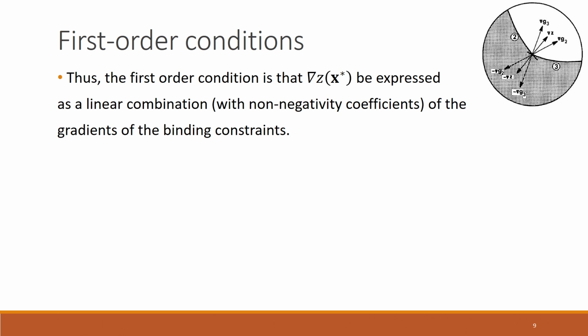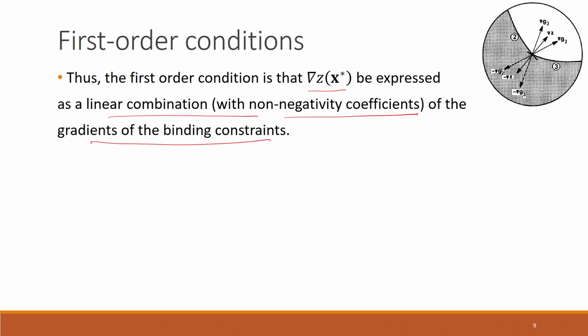So this fact that the gradient of the function z will lie between the gradients of the two binding constraints can be thought of as equivalent to saying that this gradient of z is a linear combination with non-negative coefficients of the gradients of the binding constraints.